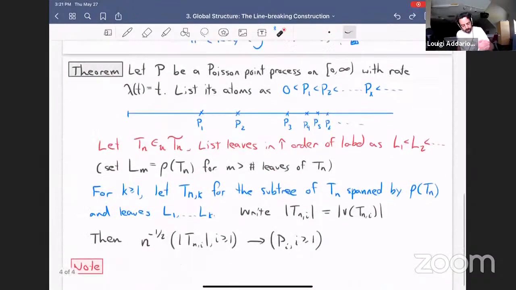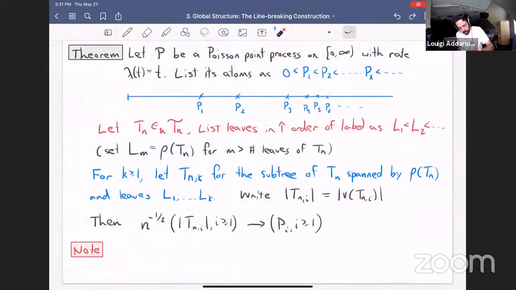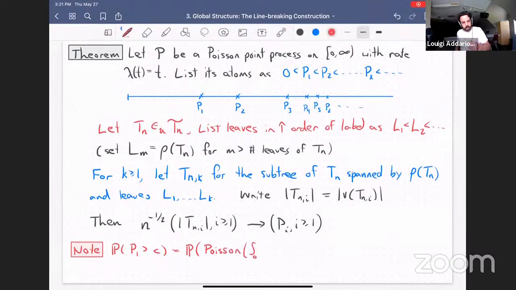But now if we look at the first point of this Poisson process, what's the probability that that point occurs after position c? That's the probability that there's no point in the interval 0 to c, which for a Poisson process is the probability that a Poisson with parameter, well, we have to figure out what the total intensity is in this region. That's the integral of the rate, is equal to 0.